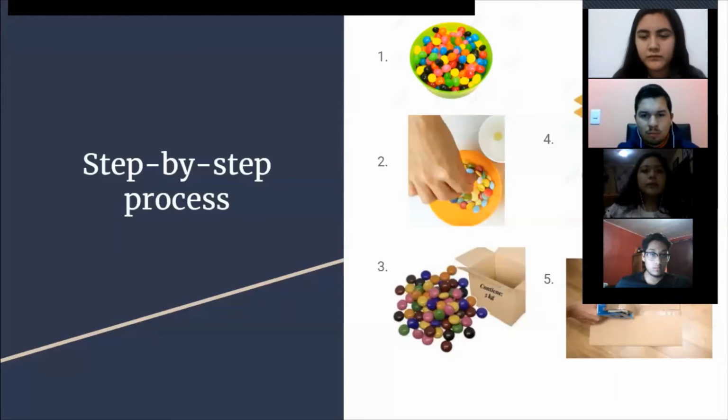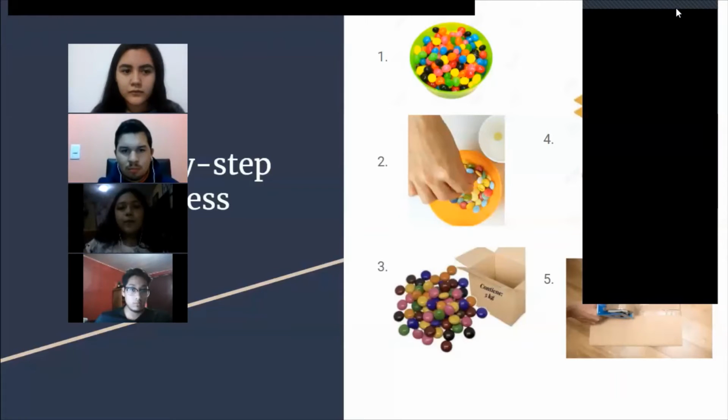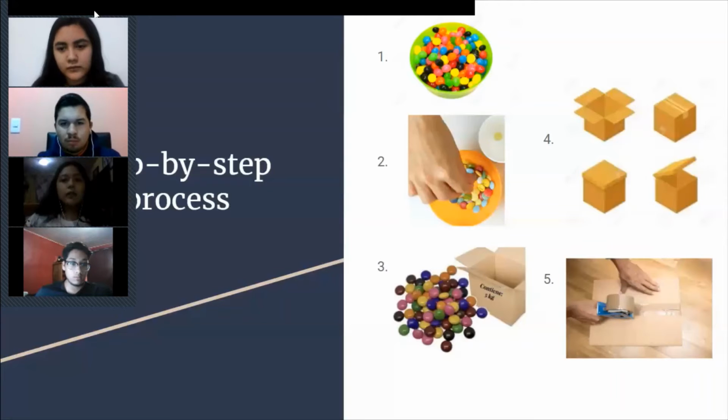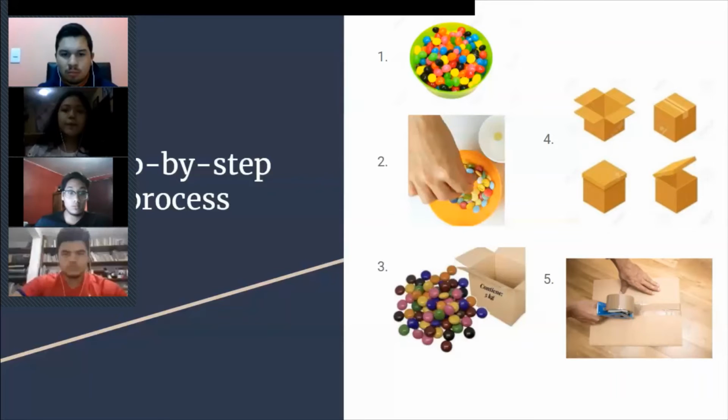Later, the separation of the candies is carried out by a person who is choosing and sorting the candies.